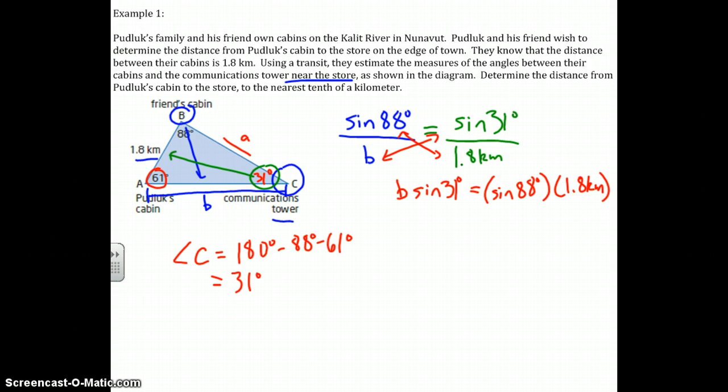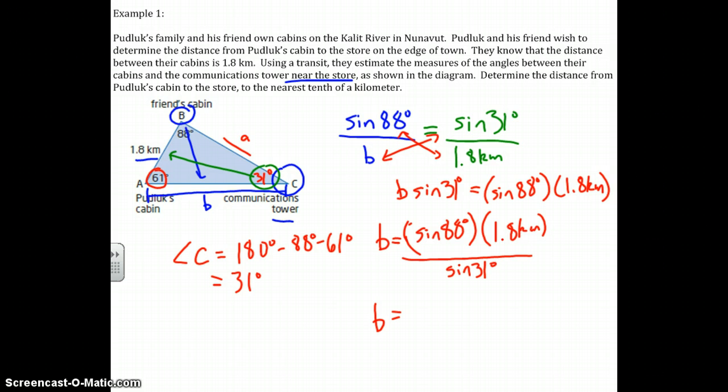Okay, and then to get the b by itself, we divide everything by sine 31, so it'll be b equals sine 88 times by 1.8 kilometers divided by sine 31.